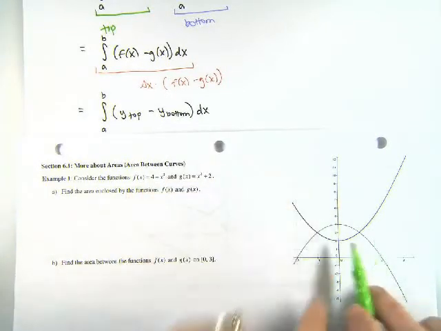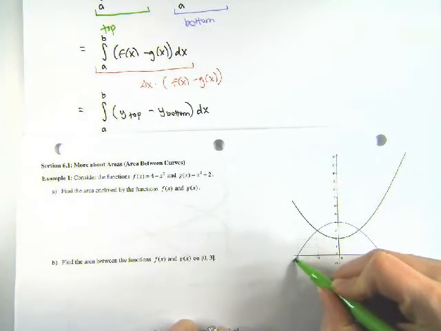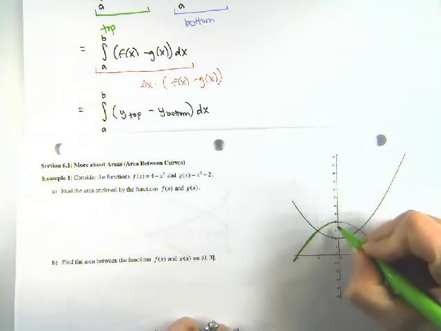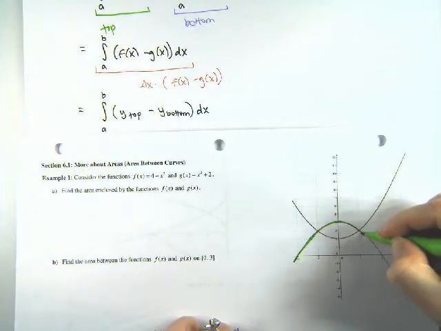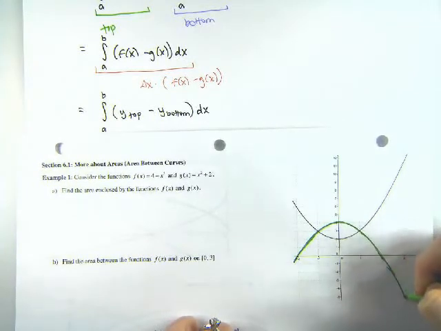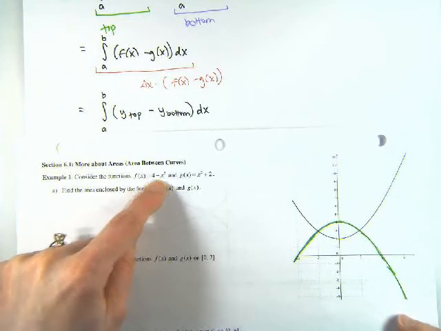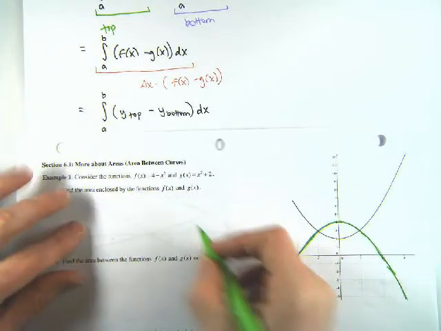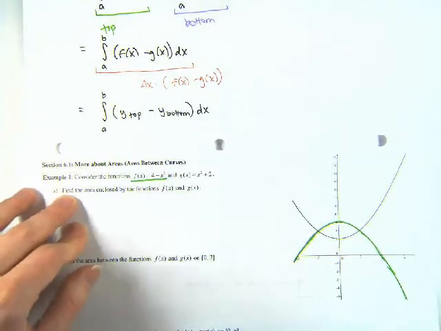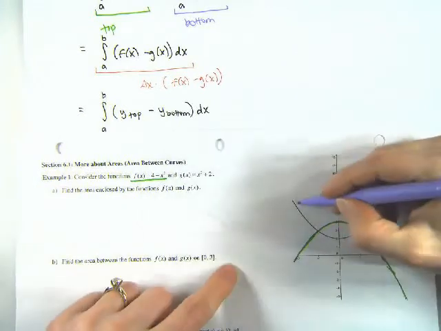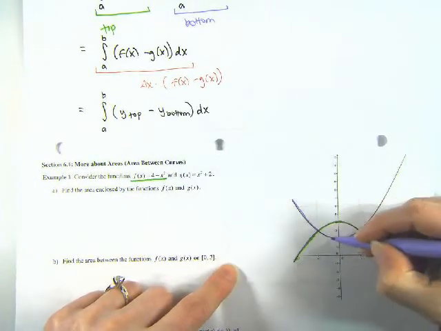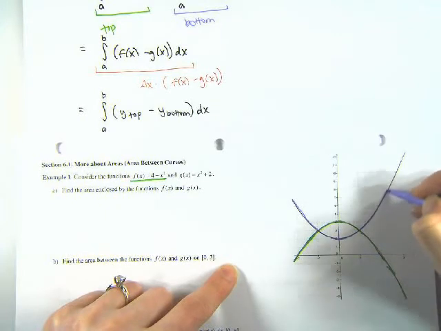So this curve, for example, which one is this? F or G? Yeah, this one's F, because I know it's a parabola. This one's facing downwards, which should be right, because it's a minus x squared. I see the y-intercept is 4. Okay, so I'm going to make that one green. And then, by process of elimination, this one should be G, but we can double check.